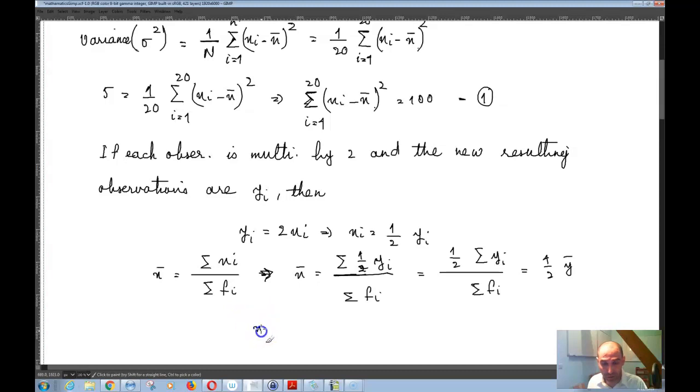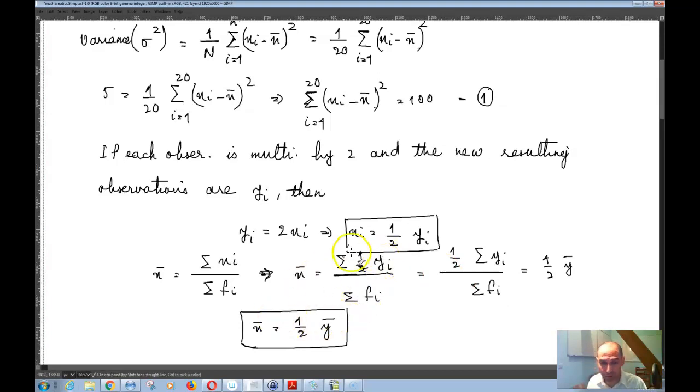So that means that x bar is equal to 1/2 times y bar.